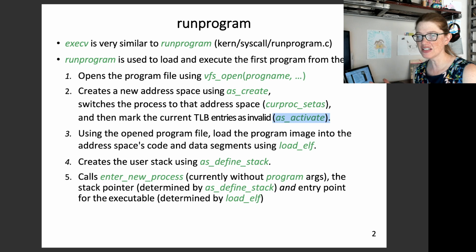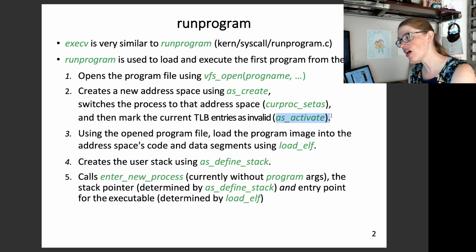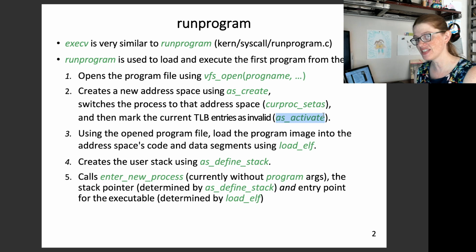This has nothing to do with the address space at all. This has everything to do with a cache known as the TLB and clearing it, which we'll be talking about in a couple of episodes in virtual memory. So execv does have to call as_activate because it needs to clear this cache out. We'll talk more about why that is later, but you don't need that for A2a.